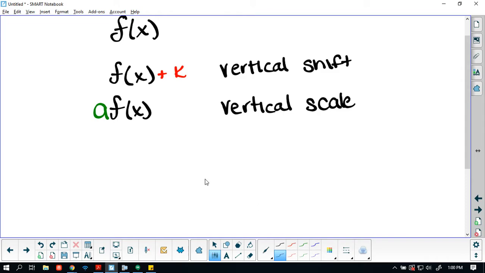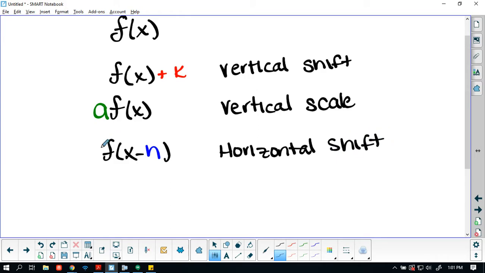All right, let's say I want to look at the horizontals. Let's say I want to shift it horizontally, left or right. What that would look like is f of x minus h, the minus is part of the equation. And this is a horizontal shift.